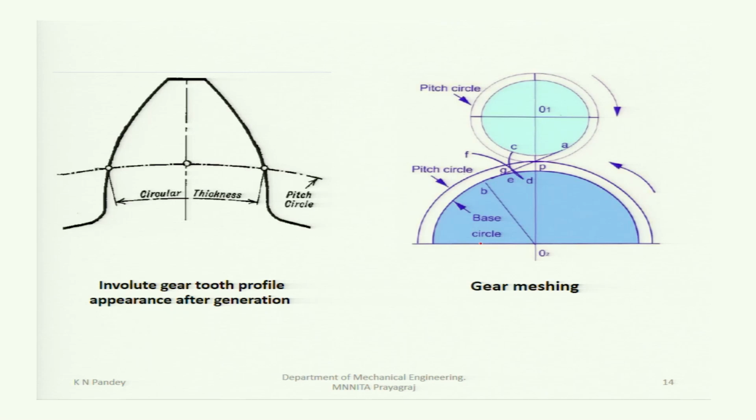So based on which one is the driving gear and which one is the driven gear, you will get the line of action. In this case, the pinion is the driving gear, and so the line of action is from A to this B, which is tangent to the base circles of the gear and pinion and passing through the pitch point.